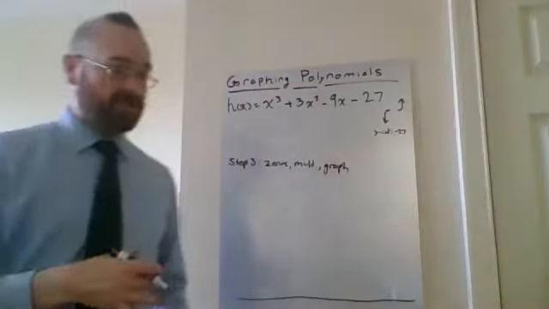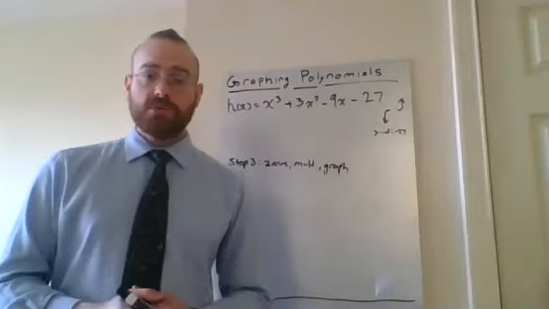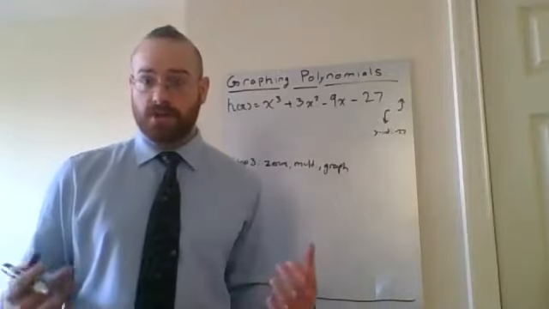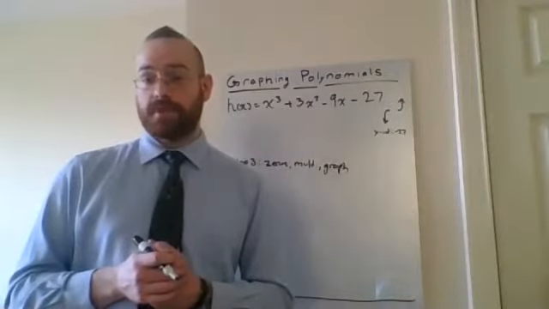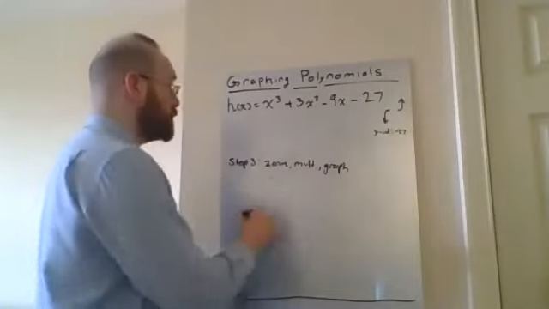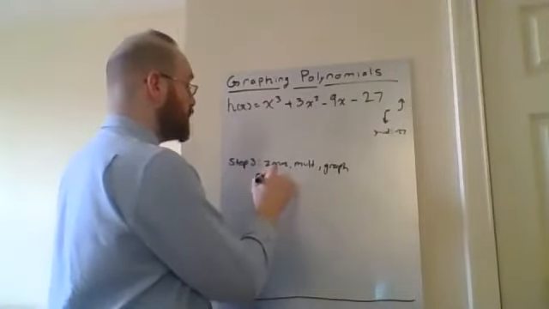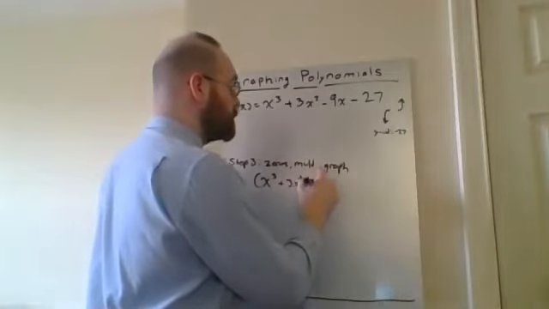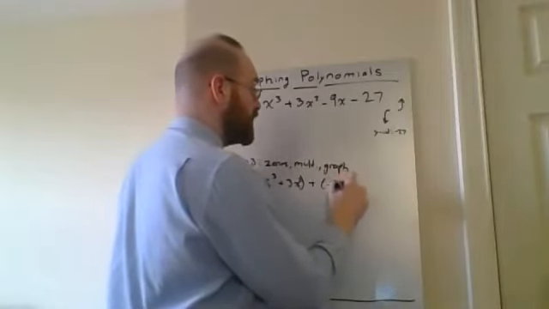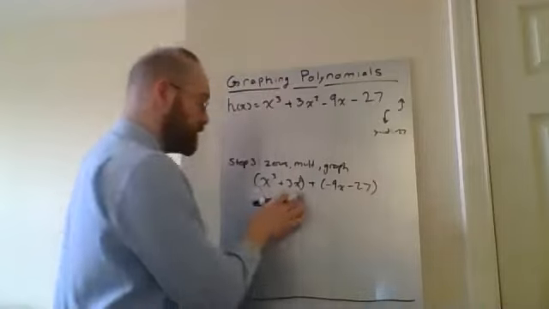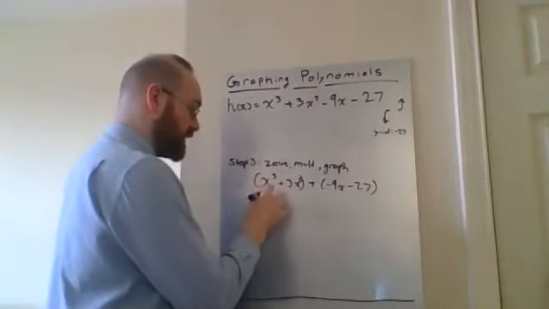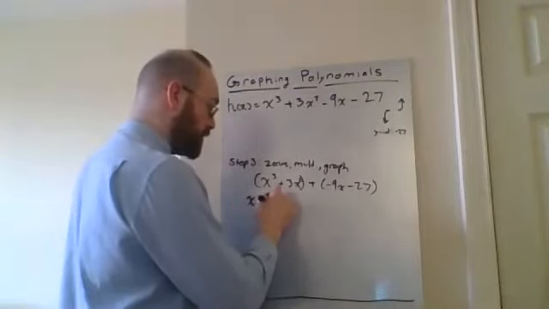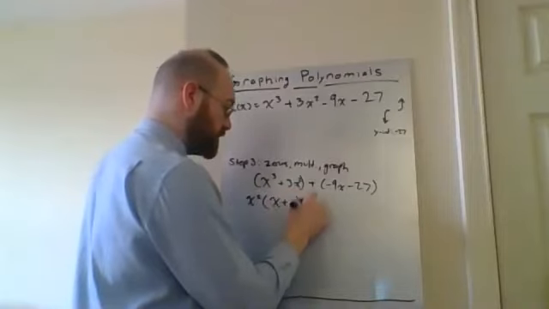So hopefully, if you paused the video earlier, you realize that this works well for factoring by grouping. So we're going to group and factor. So x cubed plus 3x squared plus negative 9x minus 27. Greatest common factor over here is x squared. So that's x plus 3 left inside.